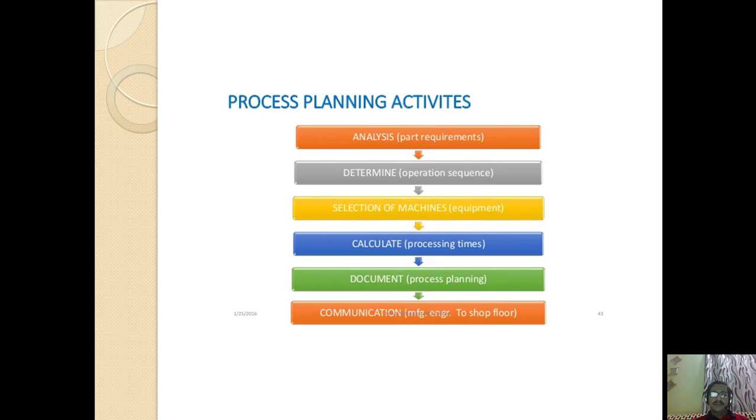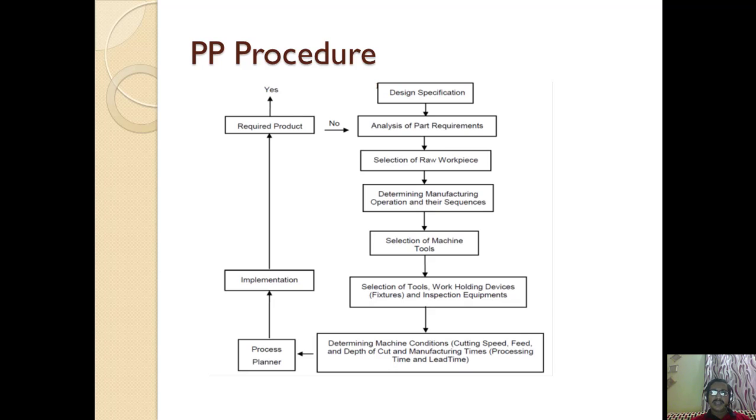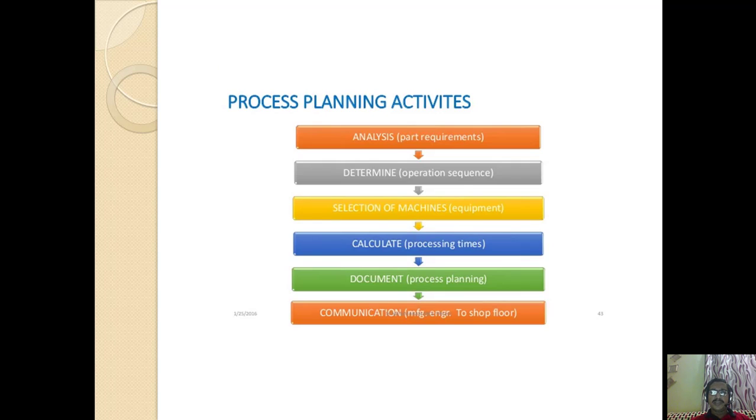Okay, so next, what are the activities of process planning? Again I recap once again, what are the activities of process planning? Because now we are going to discuss in detail the computer aided process planning.